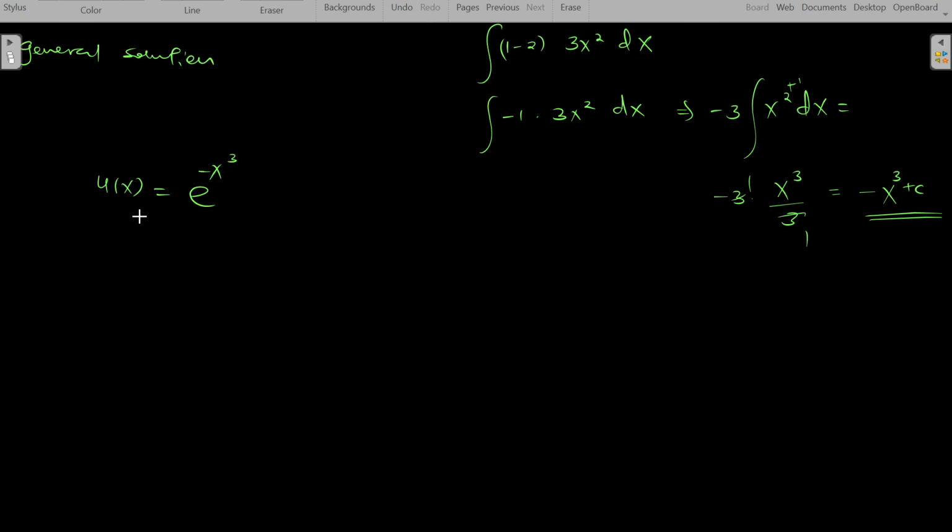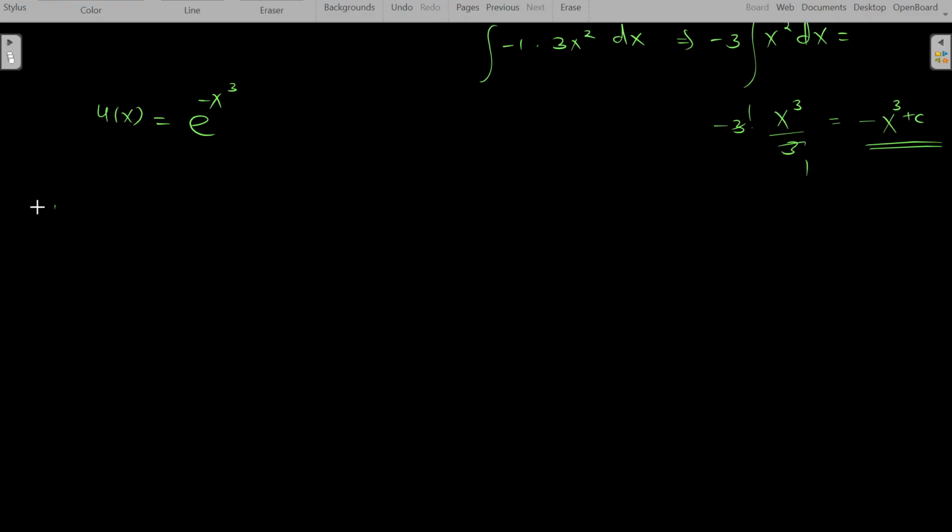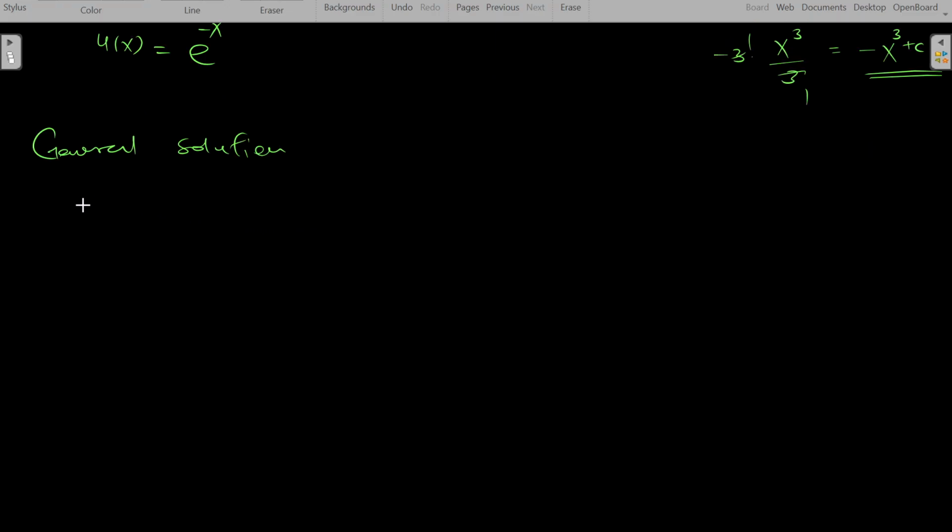So our second step, let's solve for the general solution. The general solution is in the form y raised to 1 minus n equals 1 upon mu of x, multiplied by the integral of 1 minus n multiplied by q of x multiplied by mu of x, added to a constant of integration.